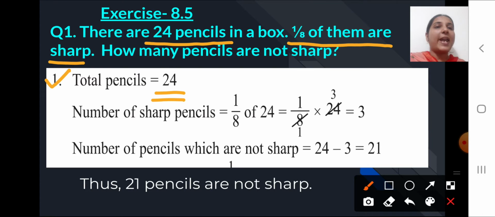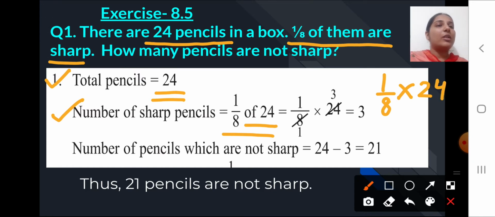So 1/8 of 24 we will write here. 1/8 of means we will put the sign of multiplication. Then 24. Now we can write it as 24/8.